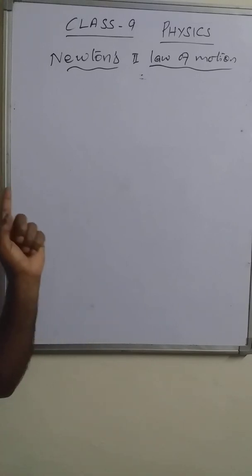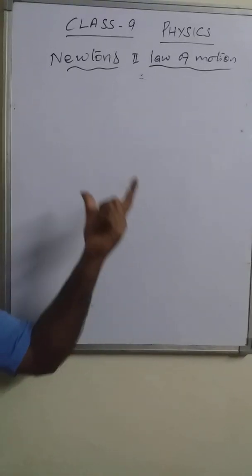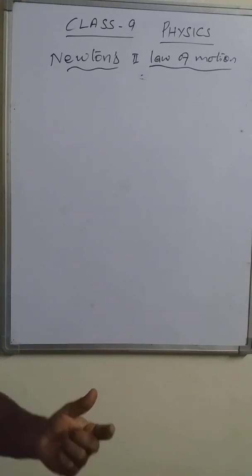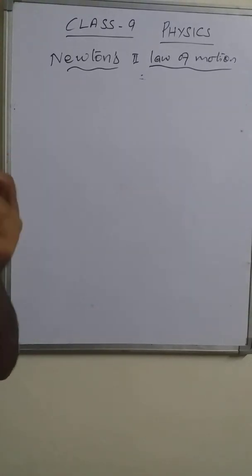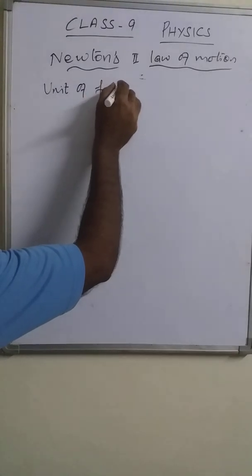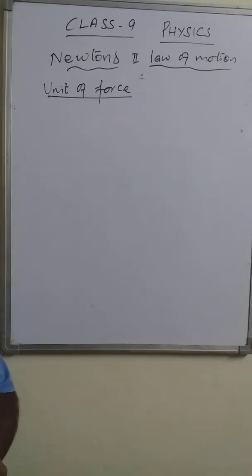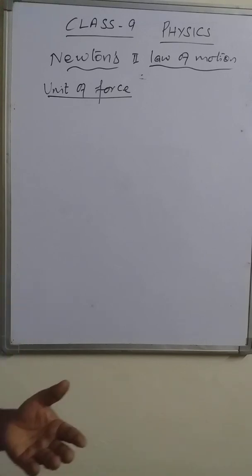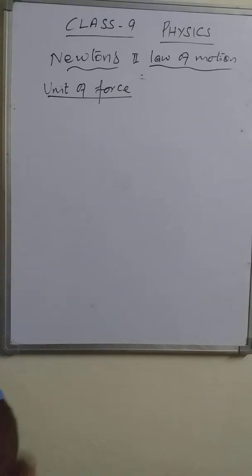The force can be measured by using this relation from Newton's second law of motion. The unit of force is given in the name of a scientist. See, all the quantities have an SI unit and also a smaller unit, the CGS unit.